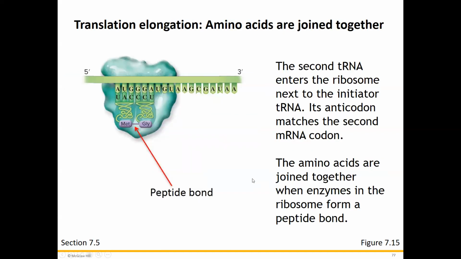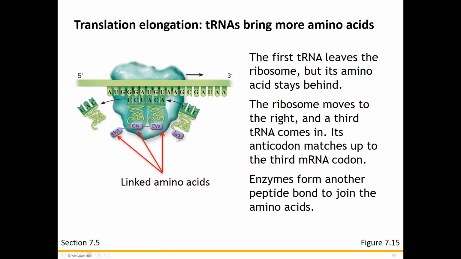The second transfer RNA enters the ribosome next to the initiator, as shown in the video. The anticodon must match the codon, and so it brings the second amino acid, and it forms this incredibly unique bond, the only bond that's found in proteins. It is a peptide bond. It is a covalent bond. It's very strong, and it's made as the amino acids are brought to the ribosome. So the first transfer RNA leaves the ribosome, but the amino acid stays behind.